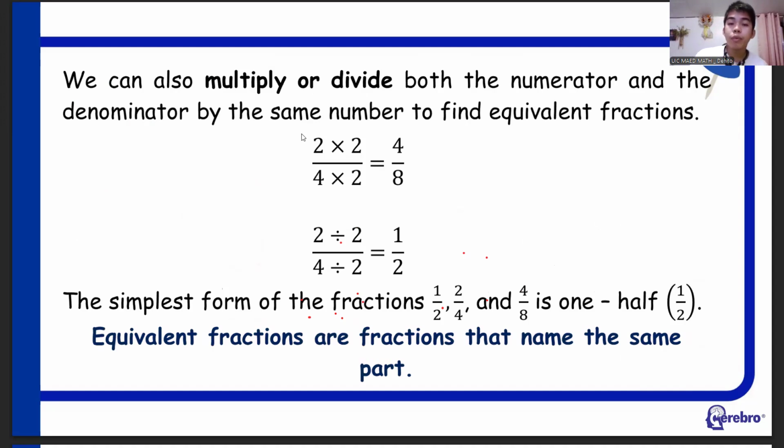Now, we have 2/4. So 2 times 2 is 4. 4 times 2 is 8, so 4/8. 2 divided by 2 is 1. 4 divided by 2 is 2, so 1/2. So the simplest form of the fractions 1/2, 2/4, and 4/8 is 1/2. See? Lahat sila ay magkikita kay 1/2.